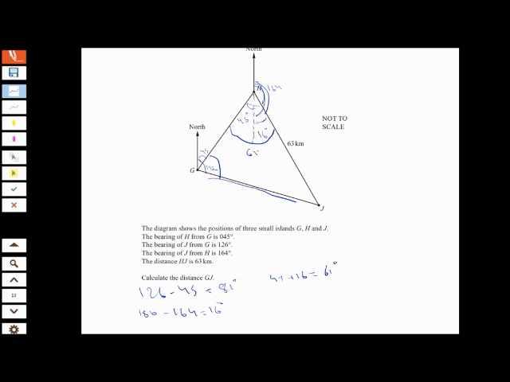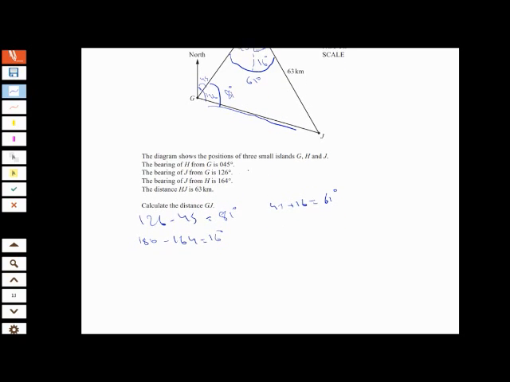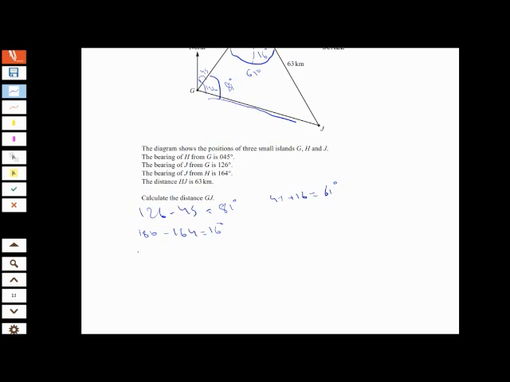Now we have two angles and one side. We can use the sine rule, which says sine of the angle, which is 61, over GJ, the opposite side, equals sine of another angle, which is 81, over its opposite side, which is 63 kilometers.